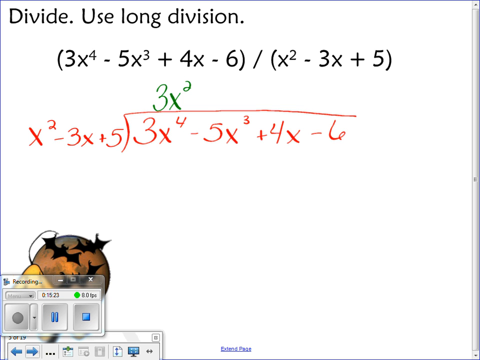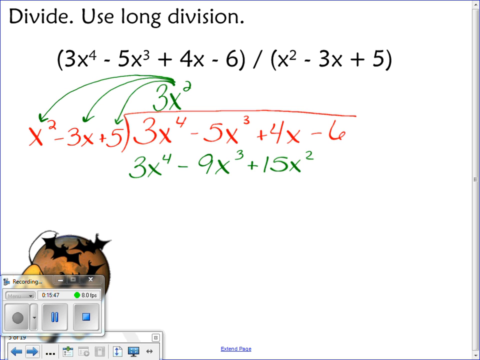We have to distribute this, right? 3x squared times x squared, 3x to the fourth. 3x squared times negative 3x. 3x squared times 5. Now we change our signs.